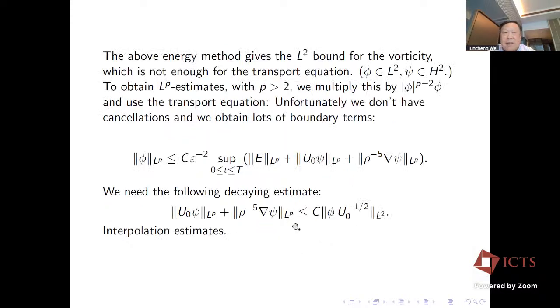So once we have this energy estimate, this gives us L2, but to get LP, we multiply by phi to the p minus 2 and phi, and use the transport. Unfortunately, we don't have a cancellation, so we have a loss of boundary terms, and we get the LP estimate, and so by interpolation.